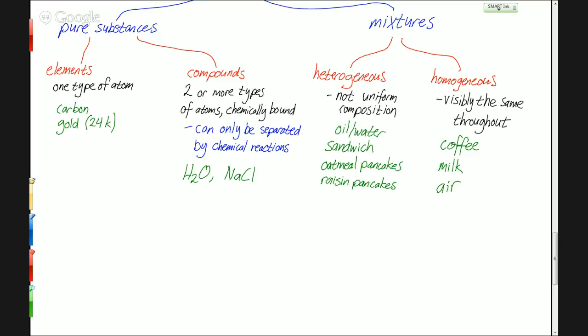Any non-pancake based ones that you can think of? Orange juice. Yeah, orange juice is another kind of tricky example because it could go either way depending on your experience with orange juice. So we might put it in both categories.